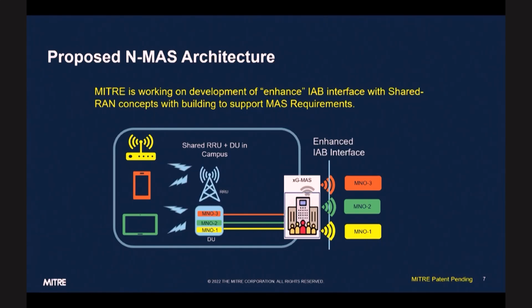What we can do as part of this managed access solution is deploy this RAN sharing via mid-haul as a managed access node for the campus, supporting all the three operators using this managed access solution as a shared DU, and connect it to the CUs of multiple MNOs.